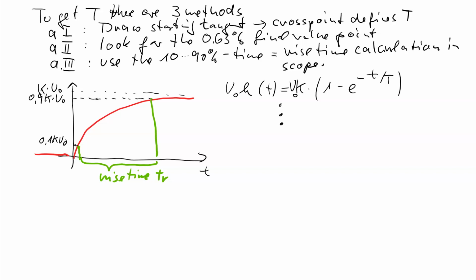If this is a t10 time, you have 10%. If this is a t90 time, you have 90% of the output.